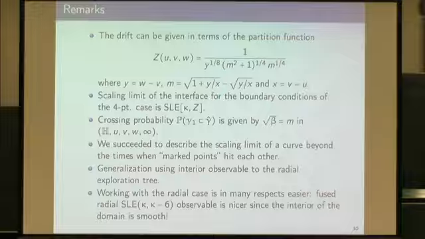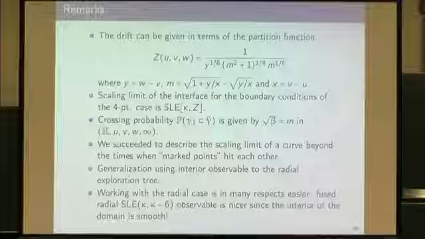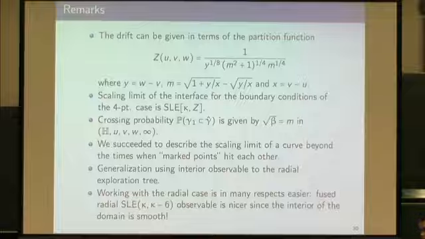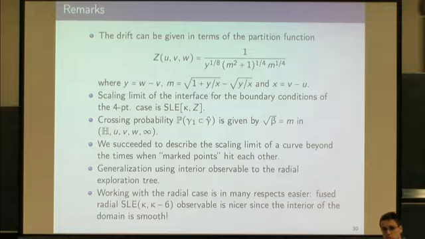And then you need to give some estimates also so that you can recover the loops in a suitable sense to get the boundary touching thing. And then I want to say that you can use either this result or the interior observable to get this radial exploration tree, so going from a boundary point to an interior point.